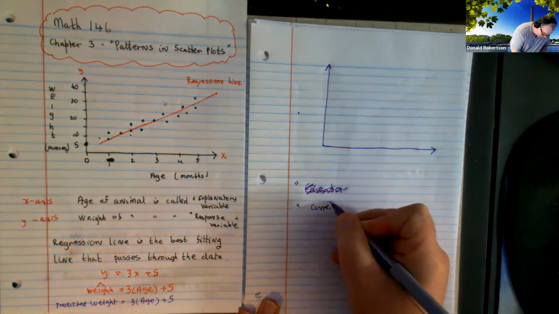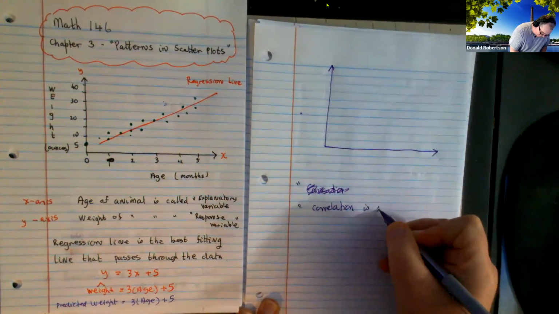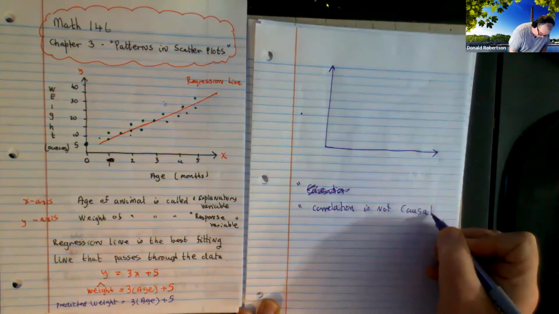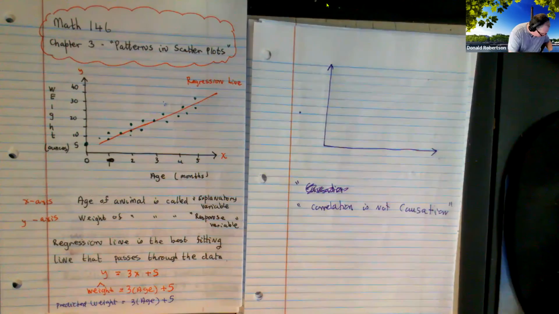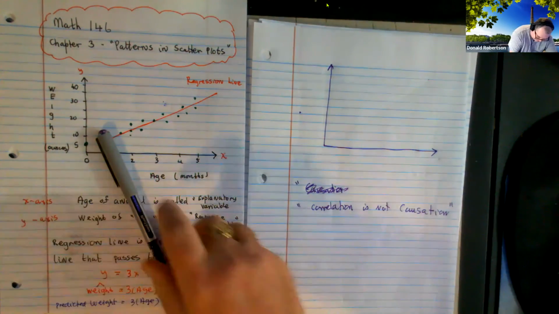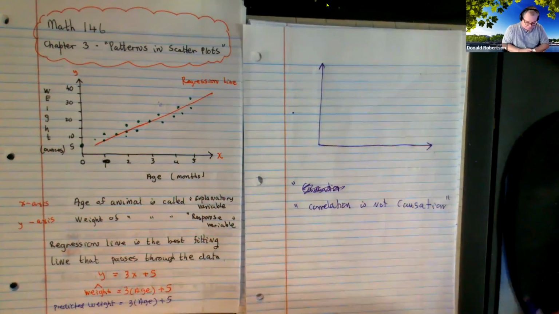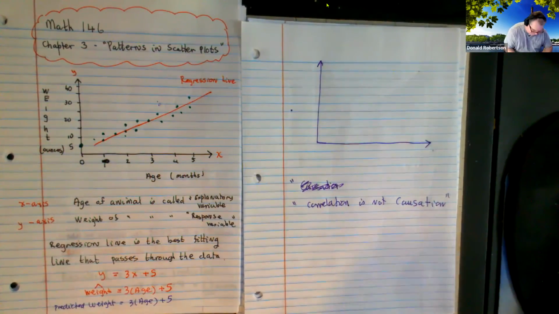Correlation is not causation. Correlation is not causation. So I want to show you a downright stupid set of data that kind of shows this.